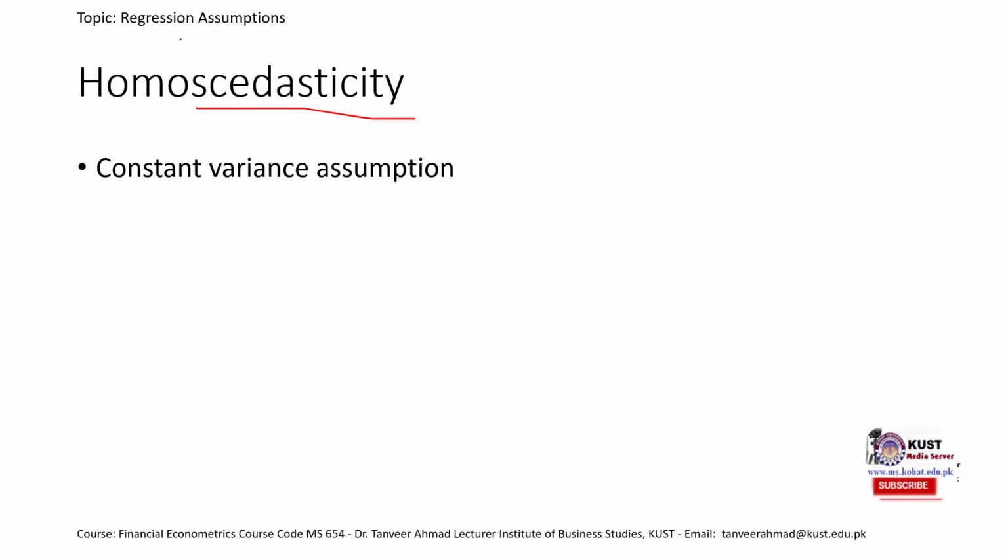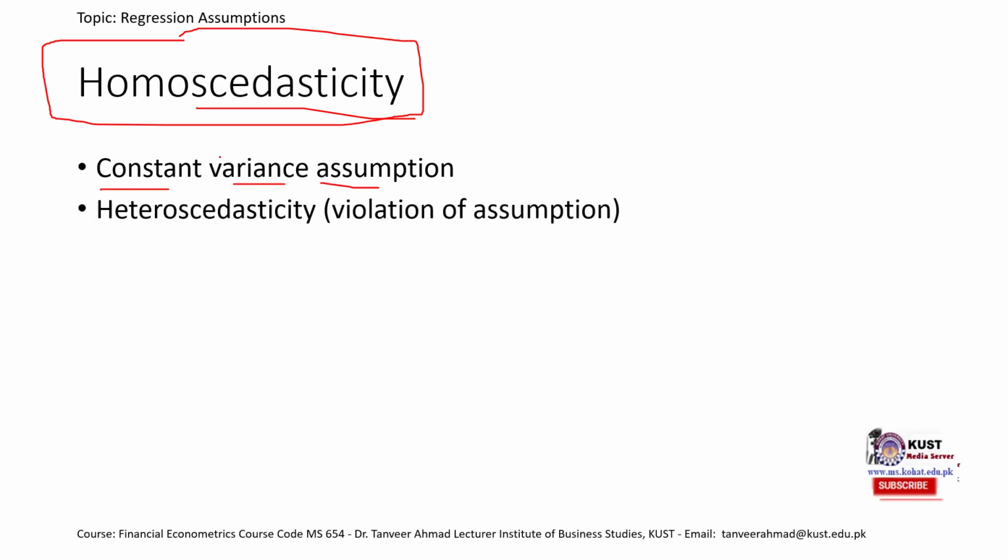What homoscedasticity says is that the variance of the error term should be equally distributed, and that's why we call it a constant variance assumption, because we want the error term to have a constant, or same, variance. And when this assumption is violated, that situation is called heteroscedasticity.